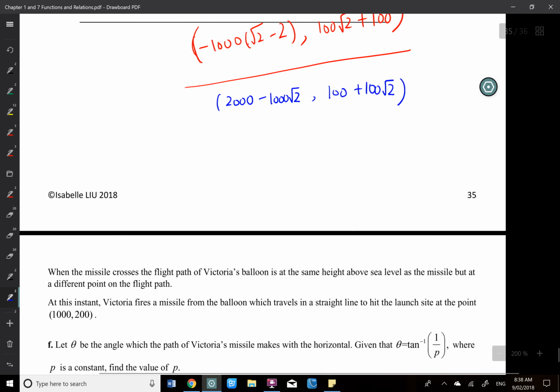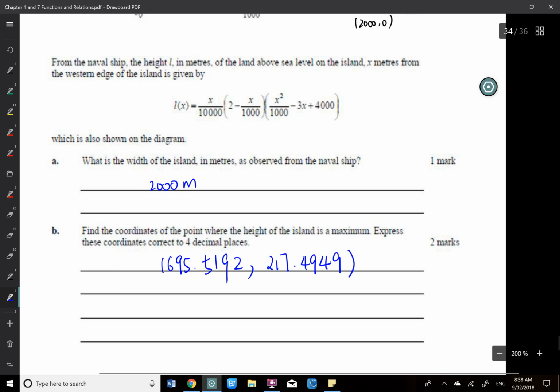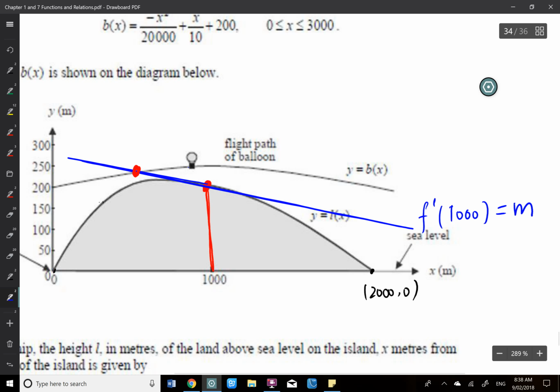So what that means, if we go back to that graph, that's how you shoot that and then pass that point. But that's only the path. So Victoria is actually at the same height as this point. So Victoria must be on the other side of that. So Victoria is actually here somewhere.